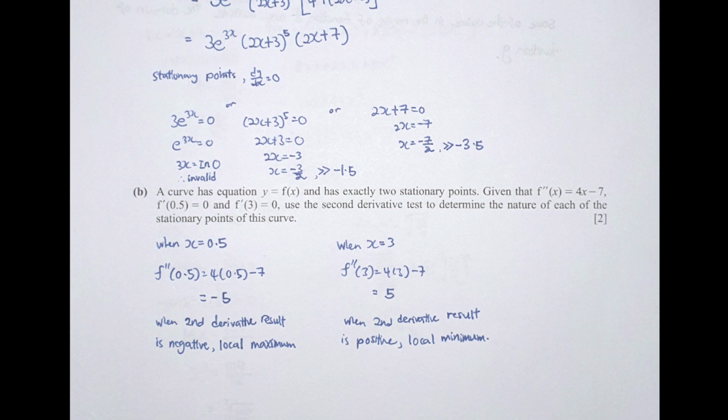If the result is negative, it will be your local maximum, and if it's positive, it will be your local minimum. That's pretty much it for part B. It's more towards fundamentals instead of calculation, because you need to know what to substitute into d2y/dx2 to determine the nature. So substitute the x values and check whether they are positive or negative. Then you should be able to identify which one is the local maximum and which one is the local minimum.